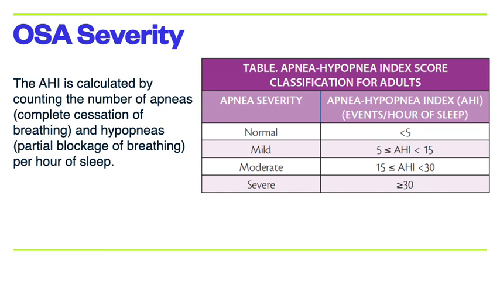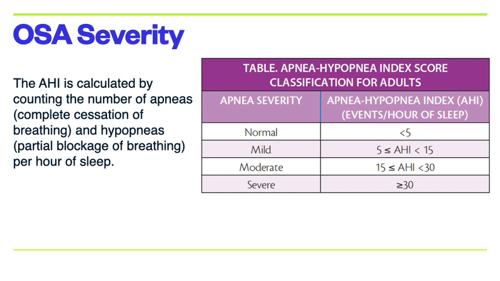So when you go and get a sleep study, you get a score called the apnea hypopnea index, AHI, which is calculated by the number of apneas, complete cessation, and hypopneas, partial blockage. So the device is able to record partial and complete blockage and calculate a score for you.